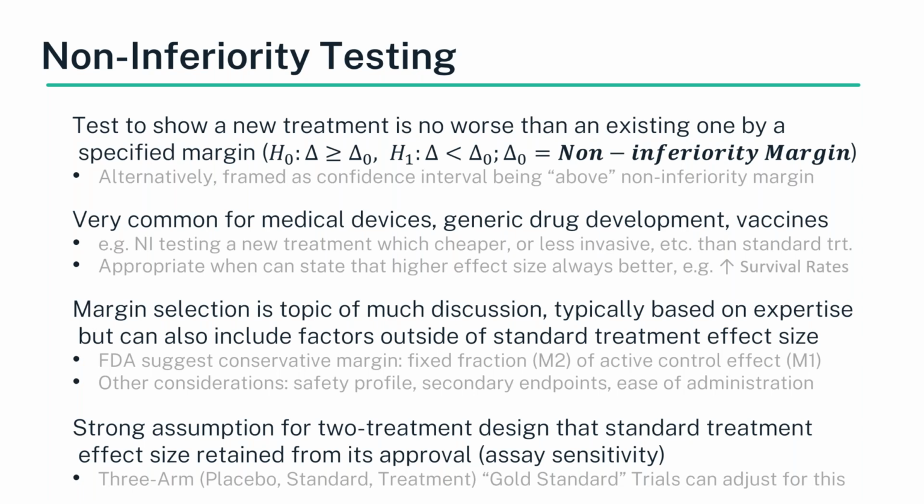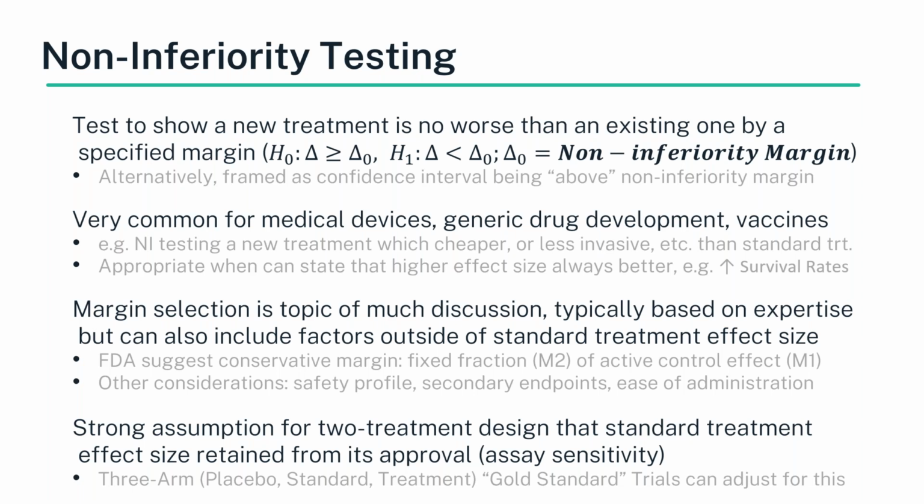There are various ways that you can select the margin, but essentially what you want to do is make the choice based on a mix of domain expertise and the prior data as well. That would be earlier studies for this new treatment and also trials for the innovator treatment as well.